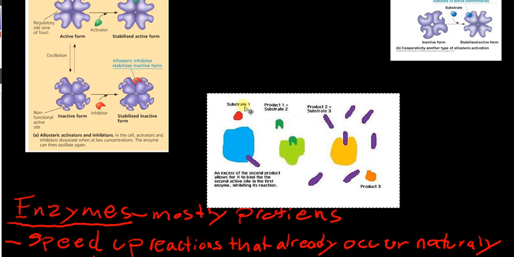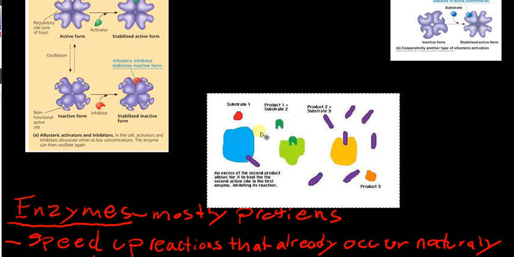So first, that substrate binds the active site of this blue enzyme, and it catalyzes a reaction in which this red substrate is changed to this green substrate, and the green substrate then has to be catalyzed via a second enzyme from the green substrate to the purple product, and then that purple product is catalyzed by the orange enzyme to an orange product.